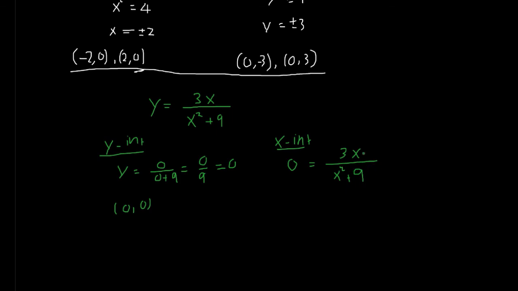You know we have a numerator and denominator, and this side equals 0. So therefore we can say the numerator, which is 3x, should be equal to 0 to satisfy this condition. So 3x equals 0, therefore x equal 0. Therefore the x-intercept is also 0 comma 0. Now we can say we do have only one intercept for this graph, which is 0 comma 0.